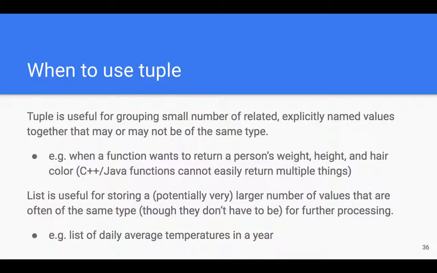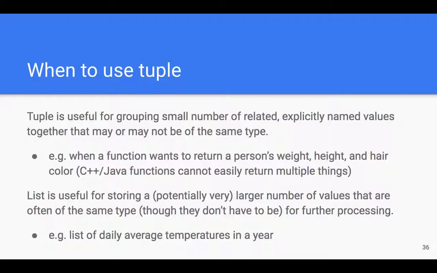Why do we want to use tuples? Why can't we just use lists for everything if they're so similar and a tuple cannot be changed? Well, a tuple can be very useful for a certain purpose. What I find it useful for is grouping a small number of related things that I want to explicitly name, and these things may or may not be the same type.